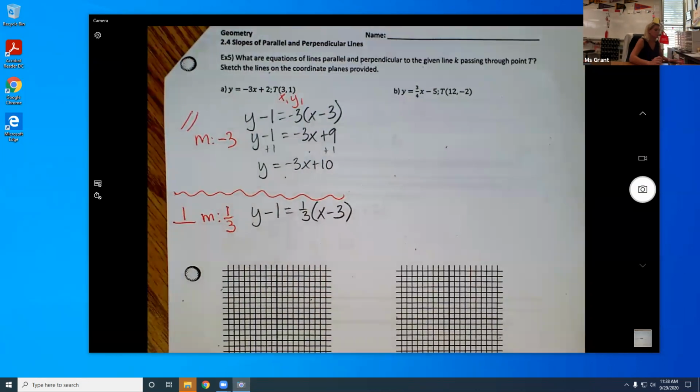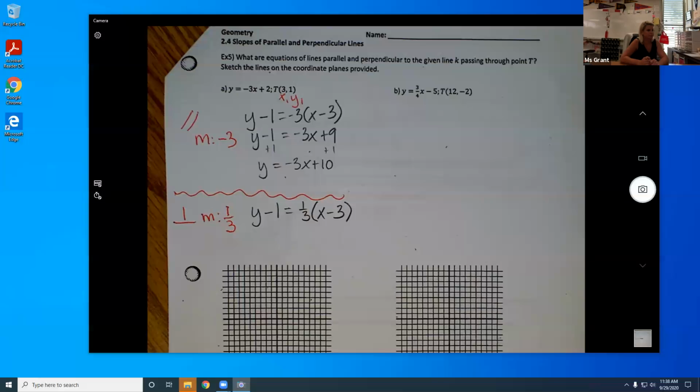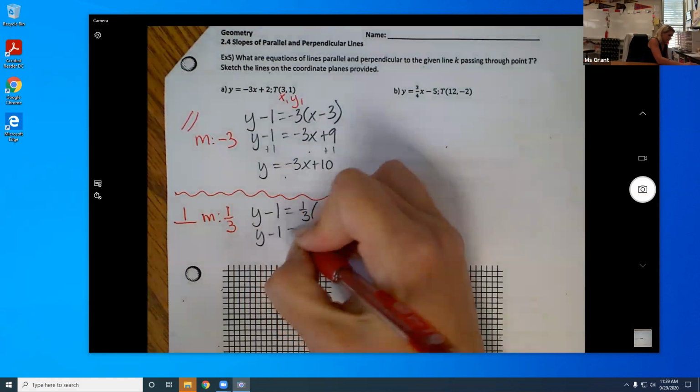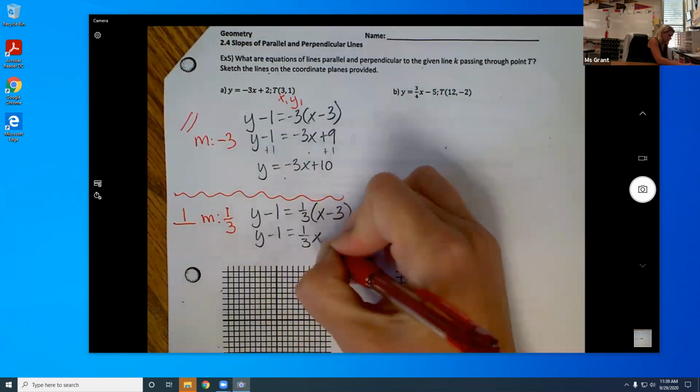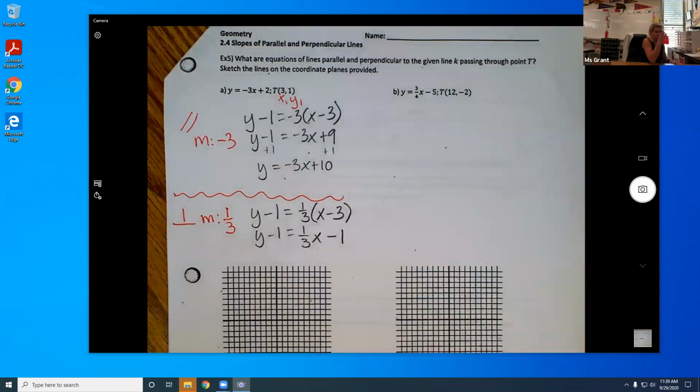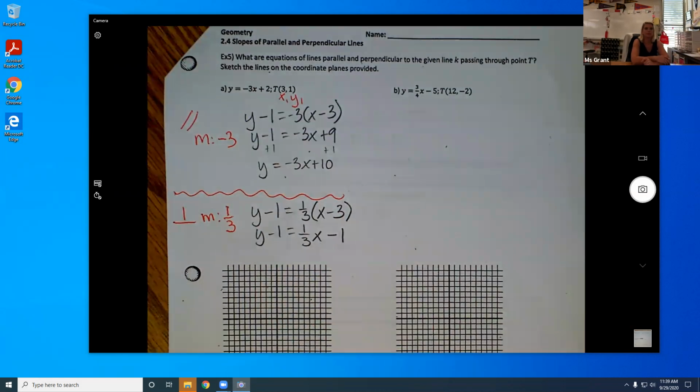But I'm going to use 1/3 as my slope because it's perpendicular. One-third times 3 is 1.